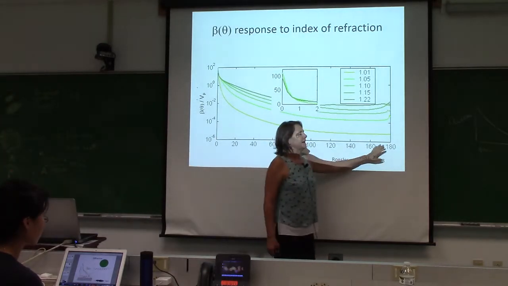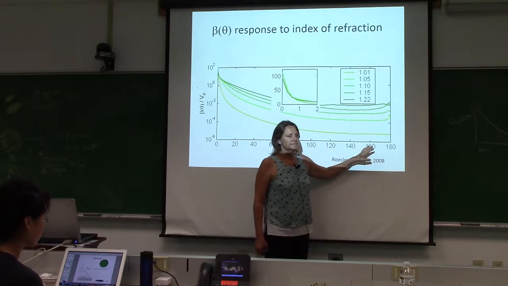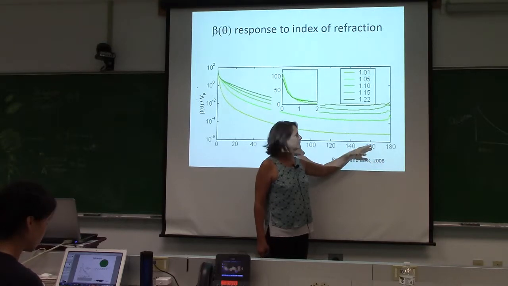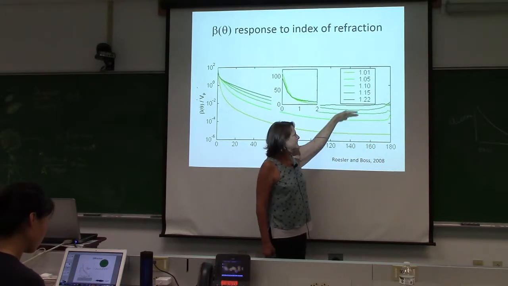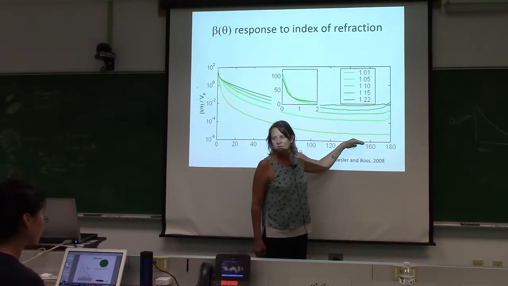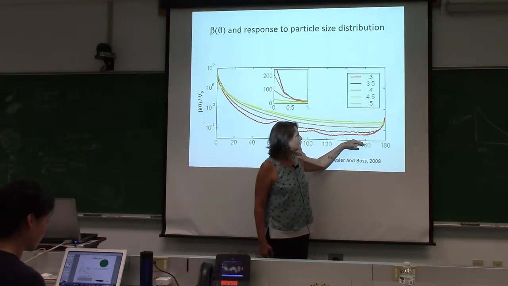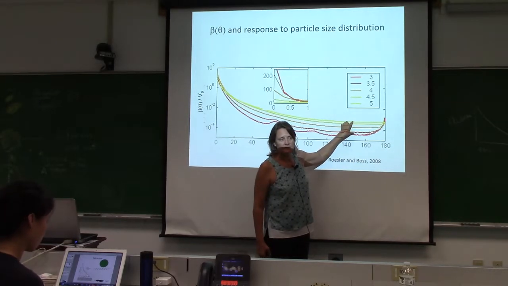If you have a backscattering sensor, you can see that your backscattering is going to be very sensitive to the composition. Less sensitive to size, but still somewhat sensitive to size.